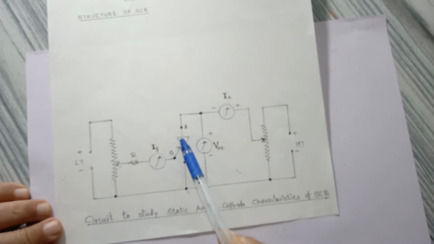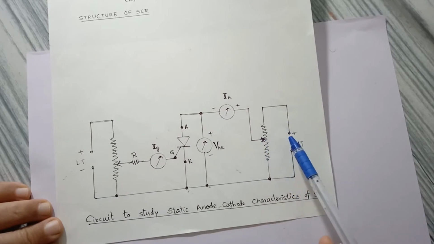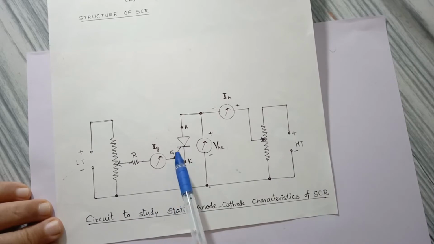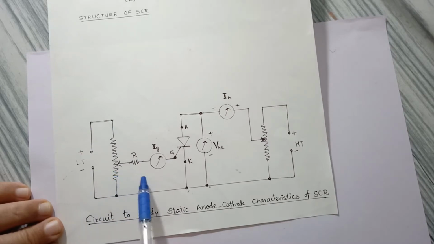See that this is the SCR, our component of interest. Anode is connected to a variable high tension voltage. Cathode is connected to, say, the negative terminal here, and the gate is also connected to another variable low tension source through a current limiting resistance and a current meter.